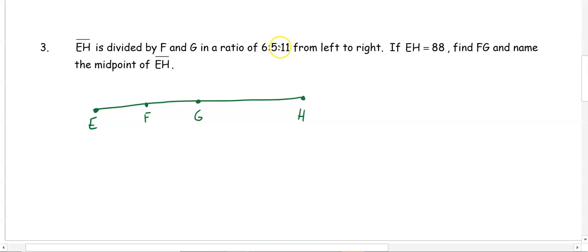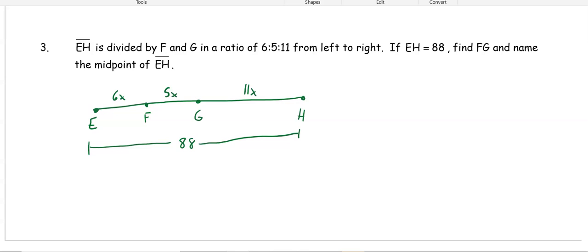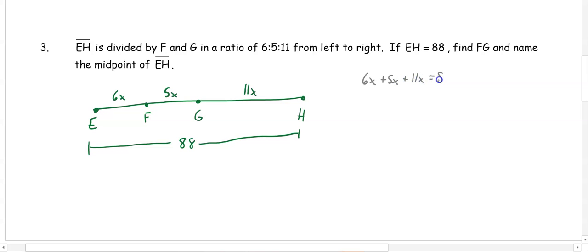Remember, these are all reduced by a multiple of x, so we're going to call it 6x, 5x, and 11x from left to right. And we know that EH is 88. So to solve for x, we would add 6x plus 5x plus 11x equals 88. So we get 22x is equal to 88. So x is 4. When we substitute in, 6 times 4 is 24, 5 times 4 is 20, and 11 times 4 is 44.